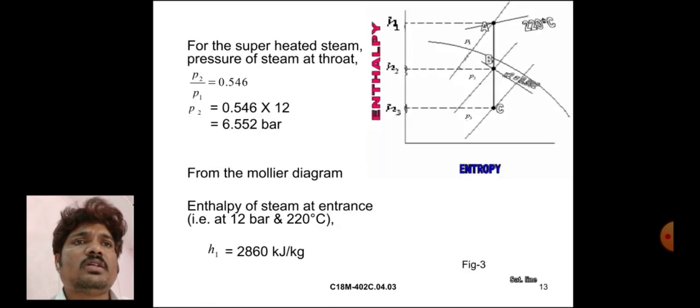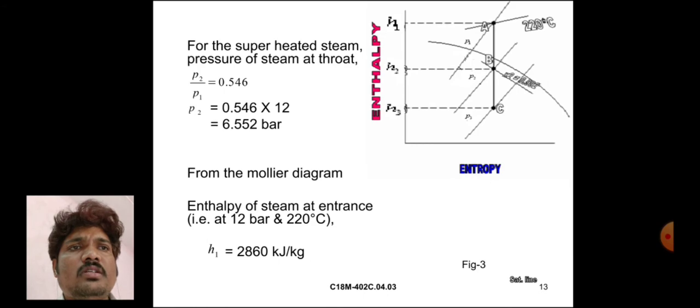As shown in this figure, enthalpy is on the y-axis and entropy is on the x-axis. A, B, C and P1, P2, P3: A is the entry position at temperature 220 degrees centigrade, B is the throat position, and C is the exit position.